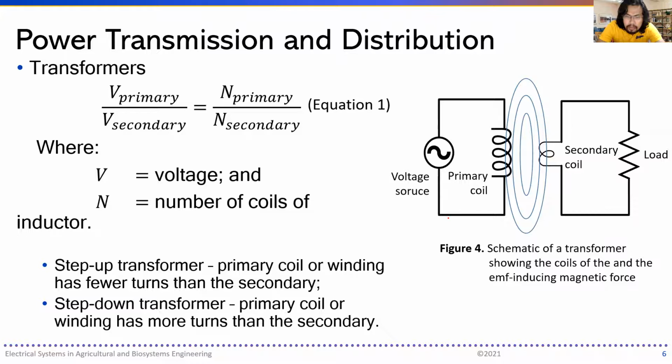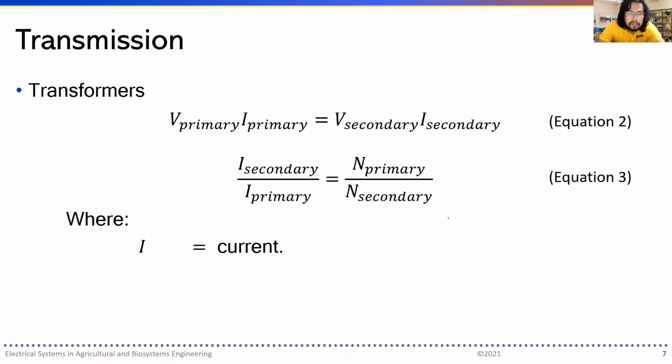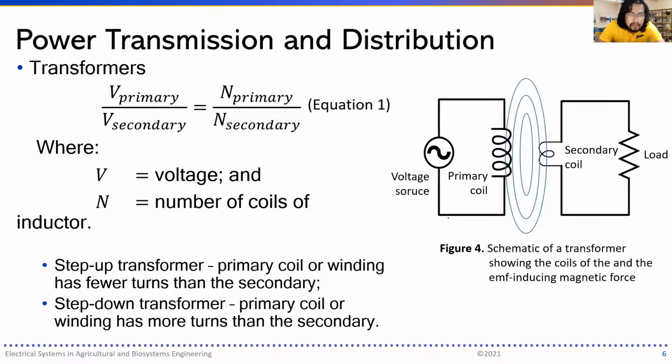Okay. Now, the relationship between the coils directs the value of the voltage that is being stepped down or stepped up. Okay, take note of equation number 1, where we see the relationship of this figure number 4.